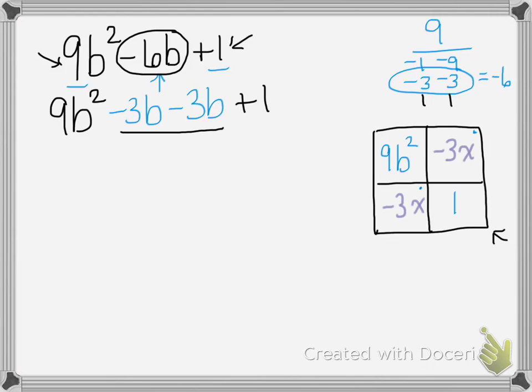The next thing we're going to do is scoop into two separate binomials where each of them has two terms, two binomials. If you notice, we also have the same thing right here, except I wrote minus 3x instead of minus 3b.